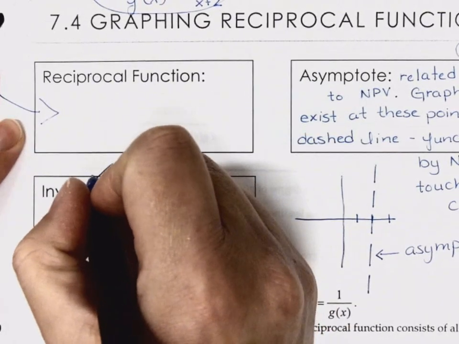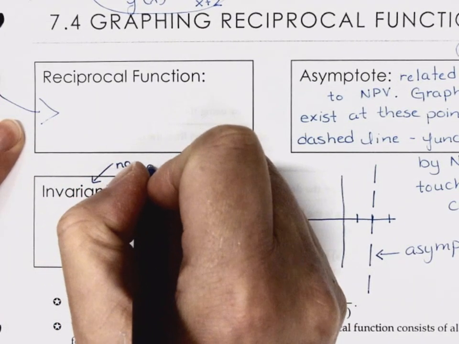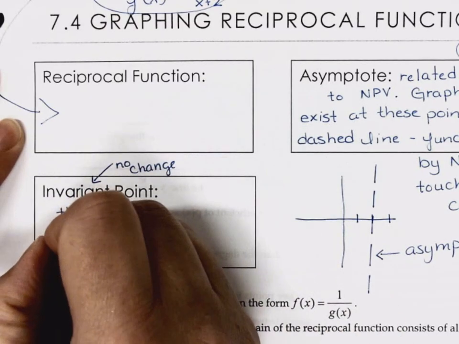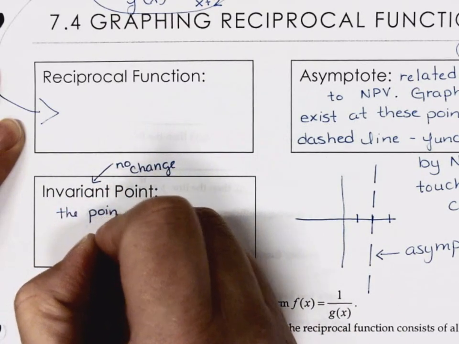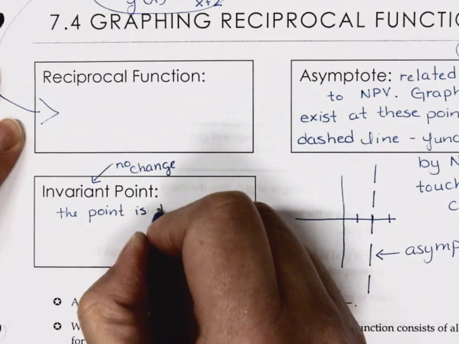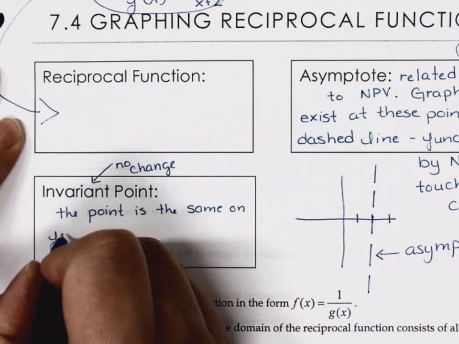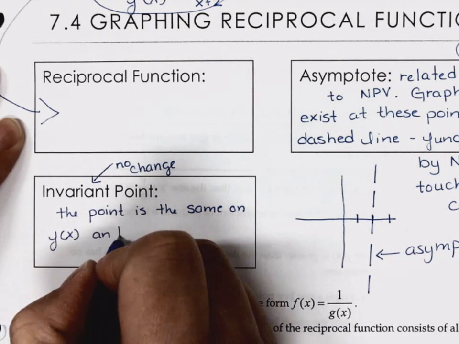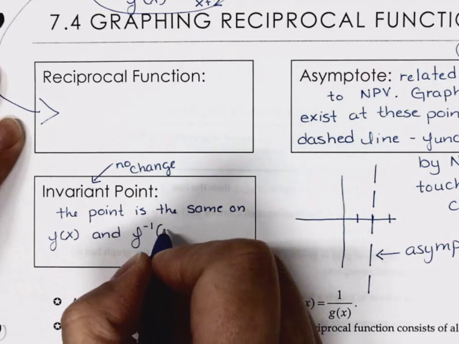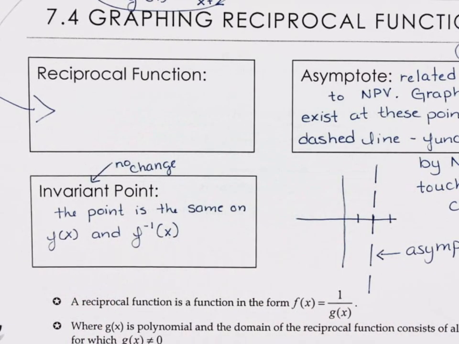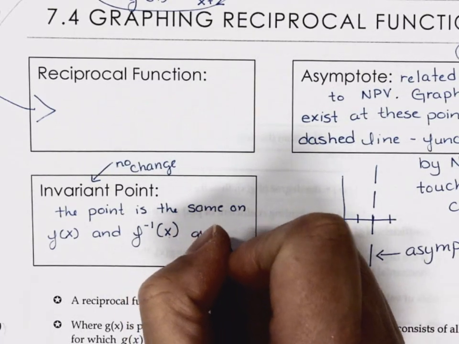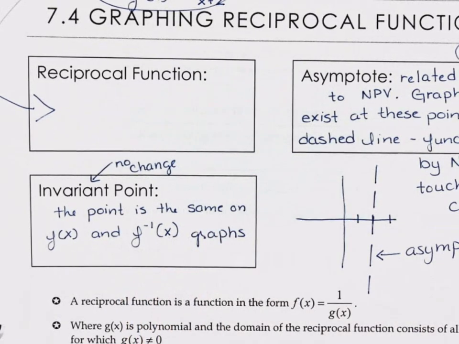So the point is the same on the f of x graph and the reciprocal graph. It's a point shared by the original graph and the reciprocal graph.